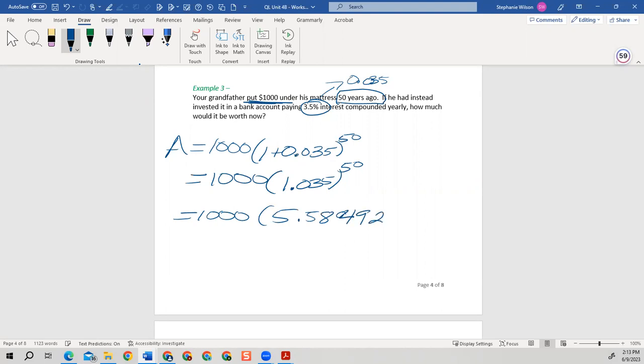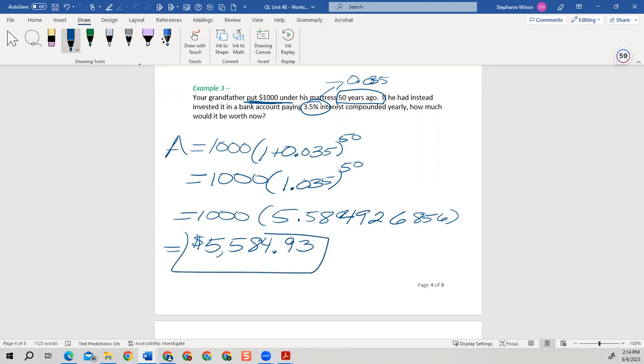Some of y'all's calculators will round a little sooner than others. So now I got that times 1,000. So we're going to round to the nearest cent, 2 decimal places. So it's $5,584.93.